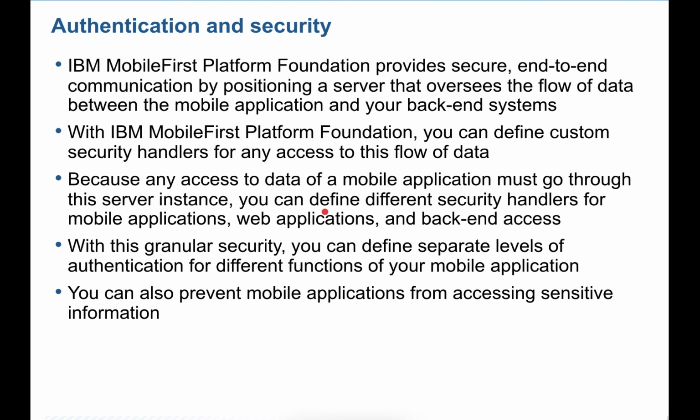You can define data security handlers for mobile application, web application, and backend access. With this granular security, you can define a separate level of authentication for different functions of your application. You can also prevent the mobile application from accessing sensitive information.